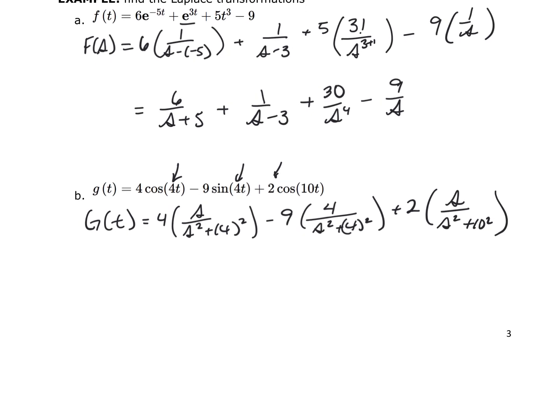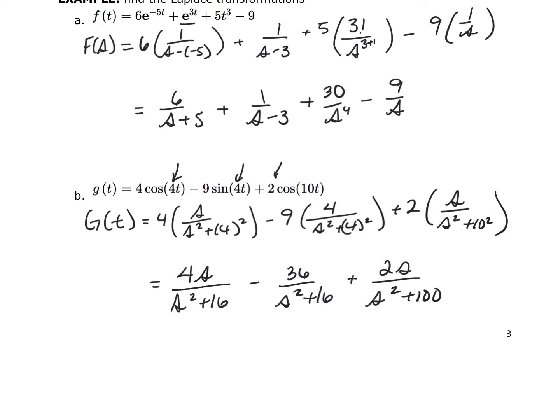So then this just becomes 4s over s squared plus 16 minus 36 over s squared plus 16. I could combine those, probably won't, though. Plus 2s over s squared plus 100.